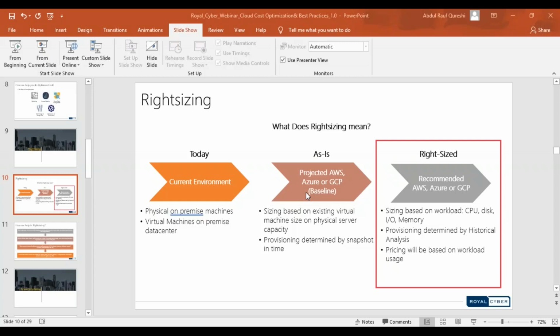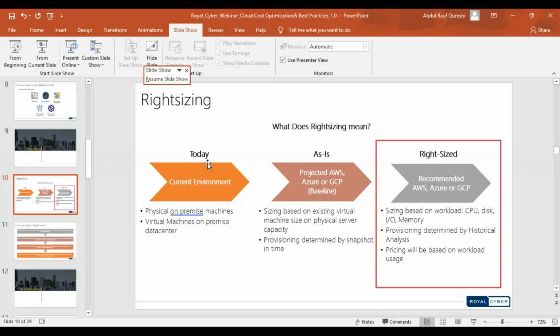Besides that, we determine the historical analysis of the data or the infrastructure, which would help us to optimize the cost. Most of the time, pricing will be based on workload usage. In cloud, we work on the pay as you go model most of the time. People usually use the pay as you go model, but besides that, a number of options are there. We will discuss them in upcoming slides.